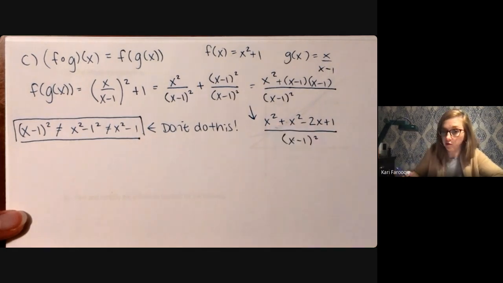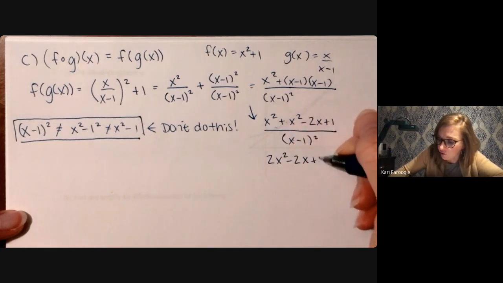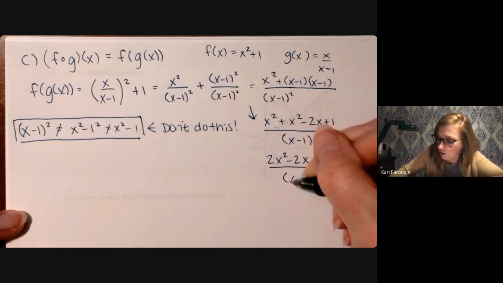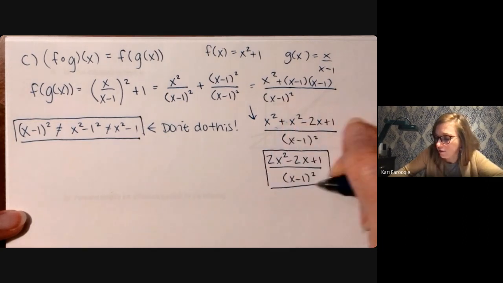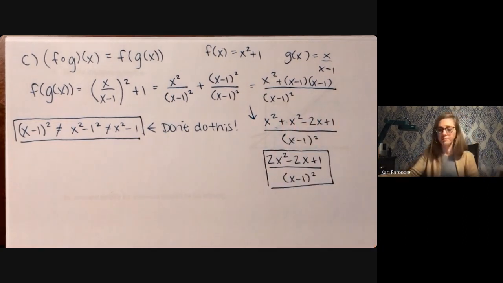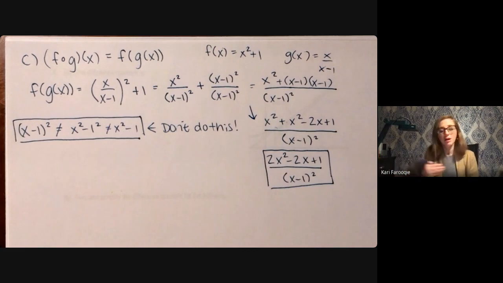I have 2x squareds now that I can combine, and then minus 2x plus 1 over x minus 1 squared. And really, that's about all we can do with this one. You can leave the denominator factored because in this case, there's nothing else that you need to combine it with. It doesn't matter to me if you FOIL it out or not. So up to you. You decide.